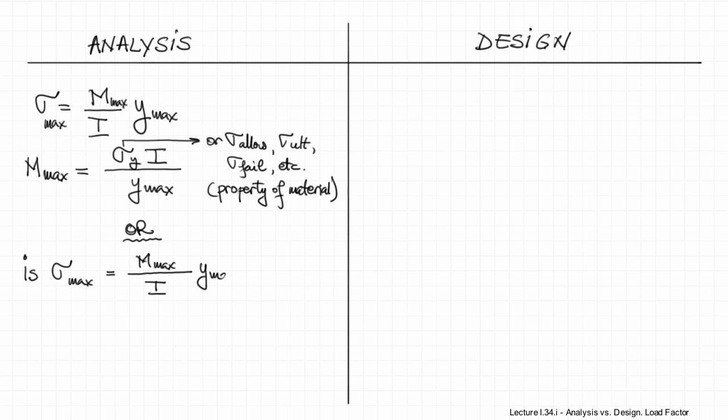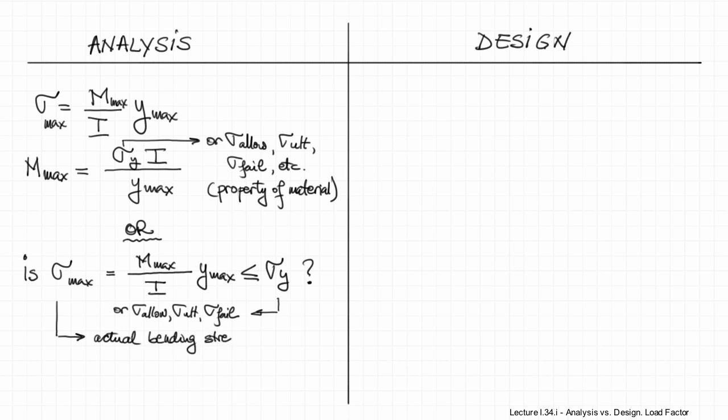If the loads are given, then we can determine the maximum stress that is developed inside the beam, and then compare that maximum stress with the yield stress, or for brittle materials with the allowable, ultimate, or failure stress, in order to determine whether these stresses, which are properties of the material, are exceeded by the actual bending stress in the member due to the applied forces or not.